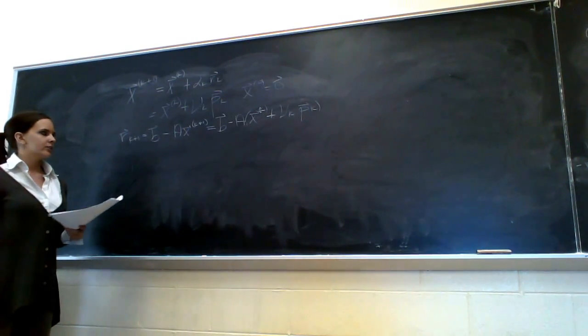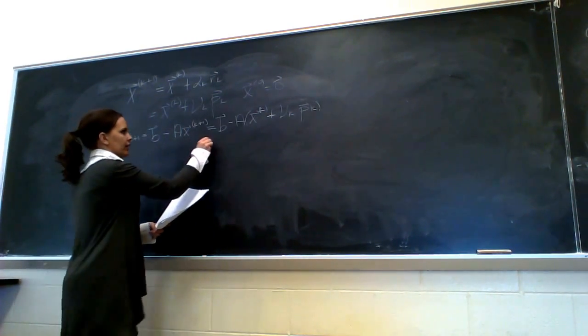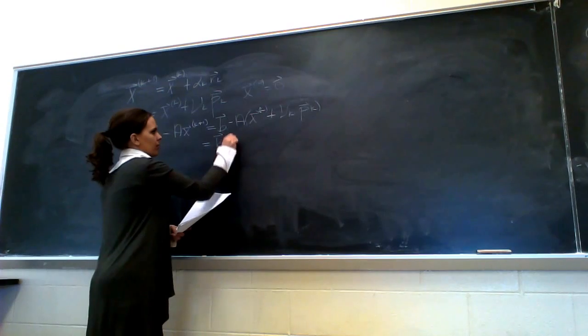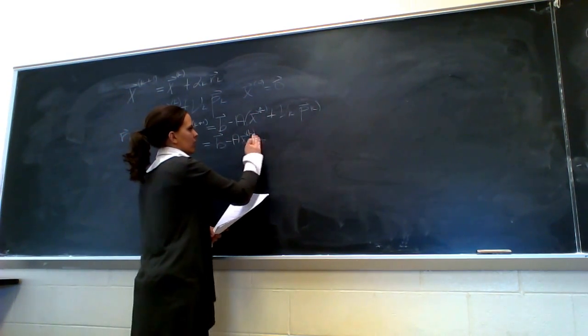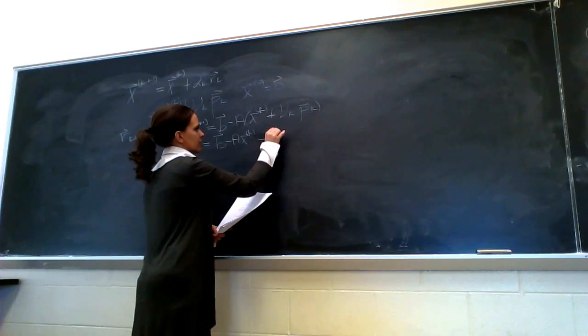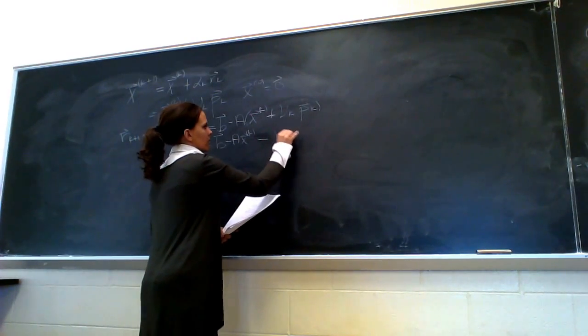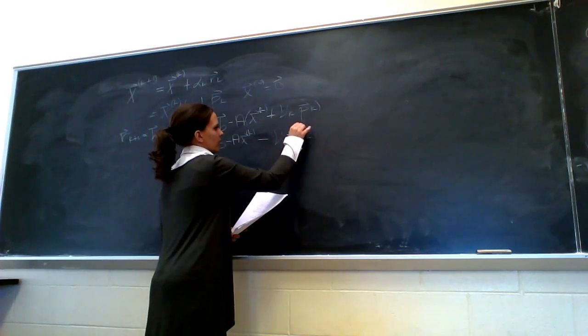Then I can distribute this and get b minus A xk minus mu A pk.